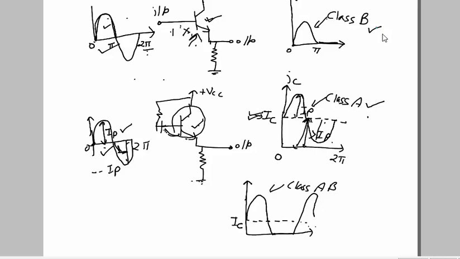Class AB is between A and B. It means, see, here 0, here pi, then here 2 pi. Here the conduction angle is between 180 and 360, a little larger than 180 and much lower than 360. That's why the name is also given as AB.